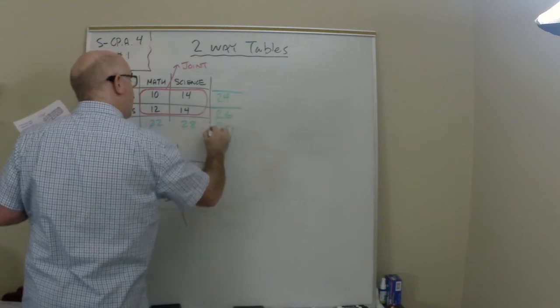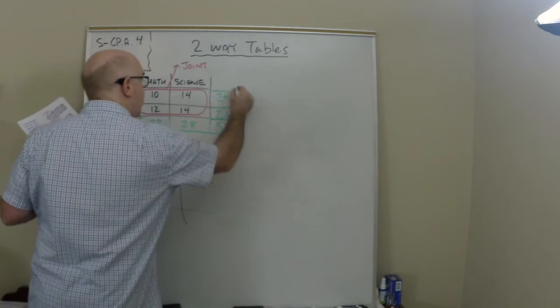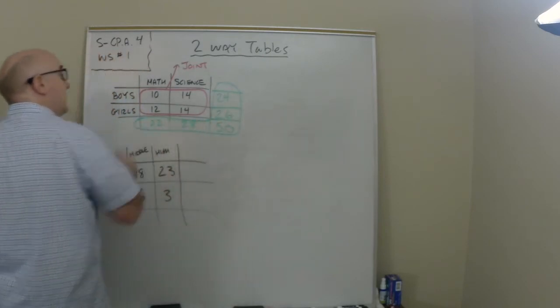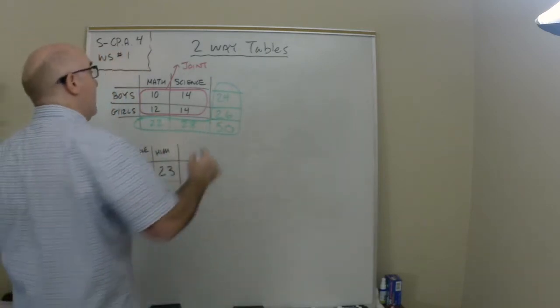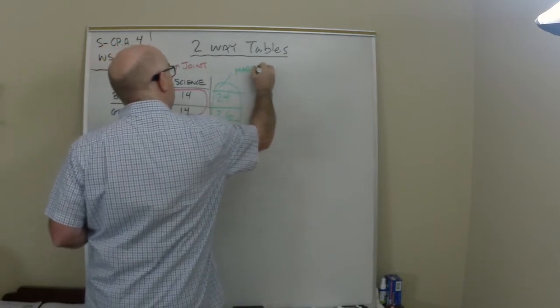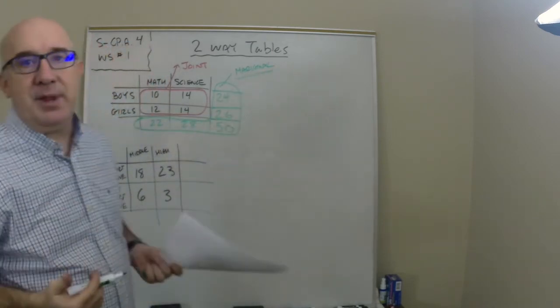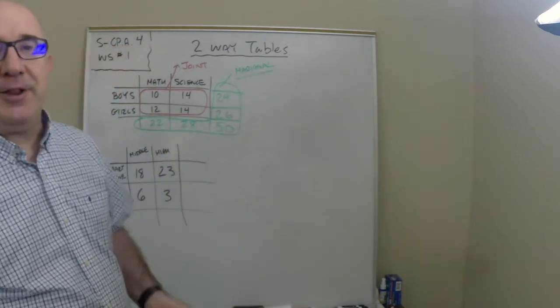When we sum those groups, the totals out here are known as the marginal values. The way I remember that is they're in the margin, they're out on that edge.